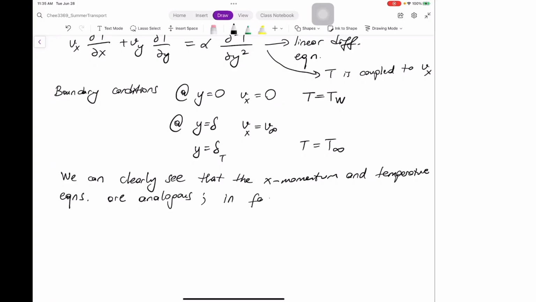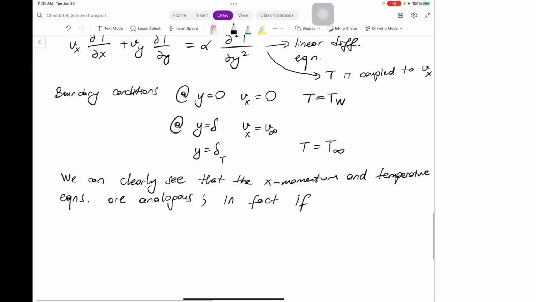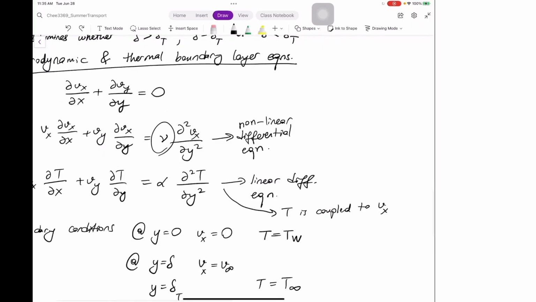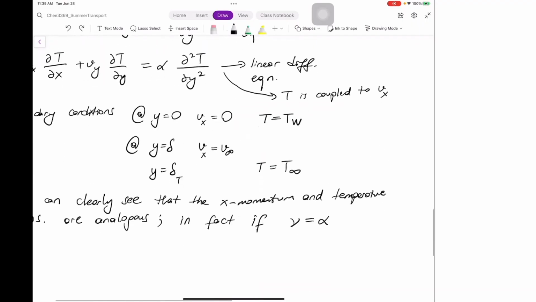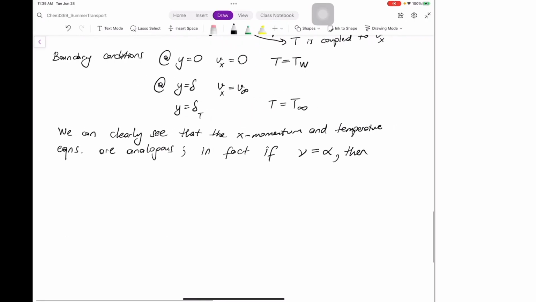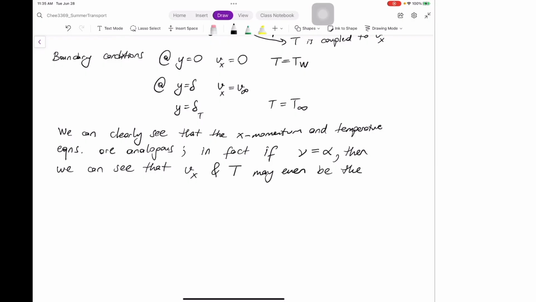In fact, if nu were equal to alpha, imagine that nu and alpha were equal to each other, like if one is 2, the other is 2, then we can see that Vx and T may even be the same function, if the boundary conditions were equivalent.